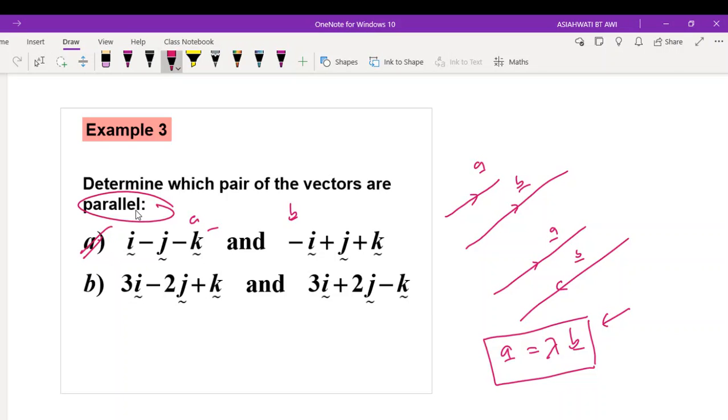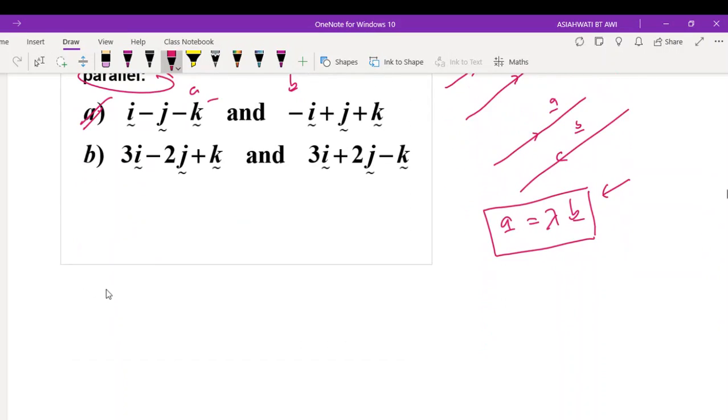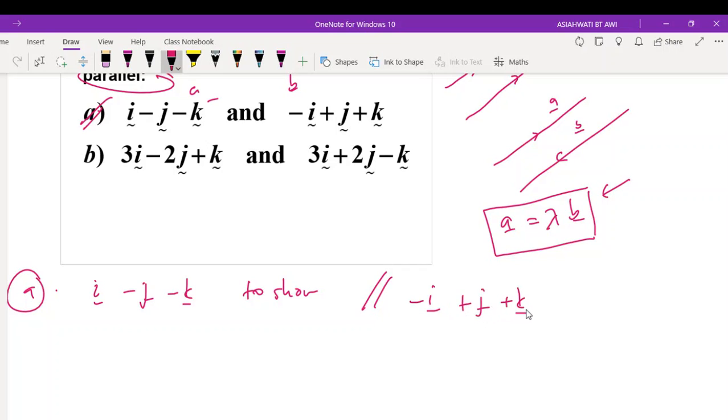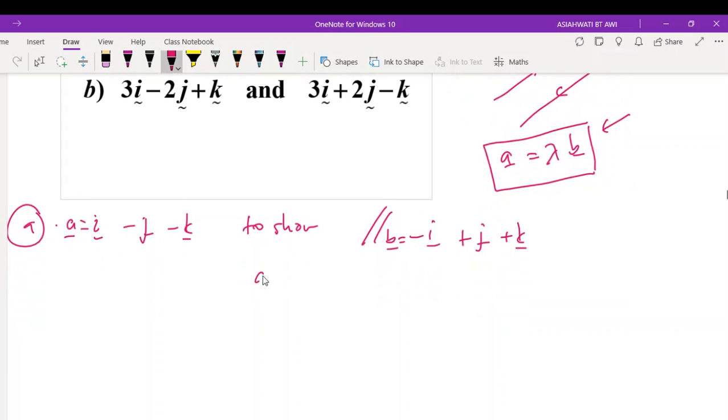Okay, try part A. For part A, i plus j minus k, show that it is parallel with negative i plus j plus k. Let's say this is vector A and this is vector B. We are going to show that vector A can be written in this form.